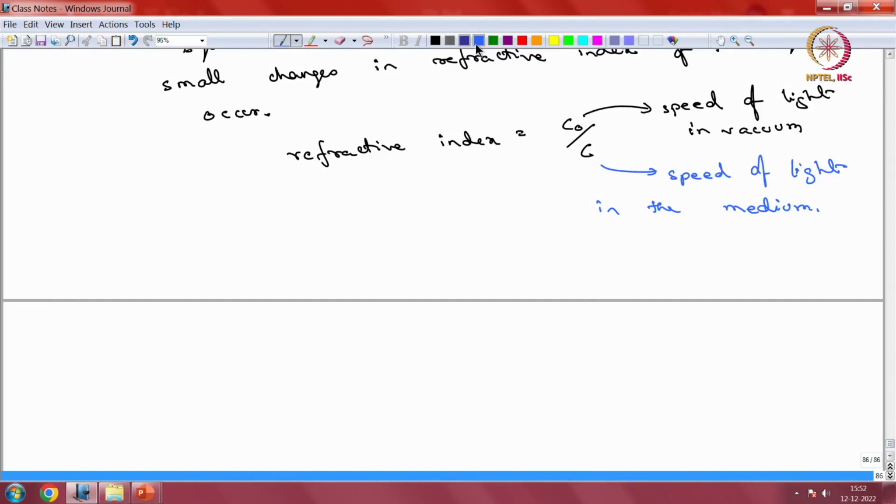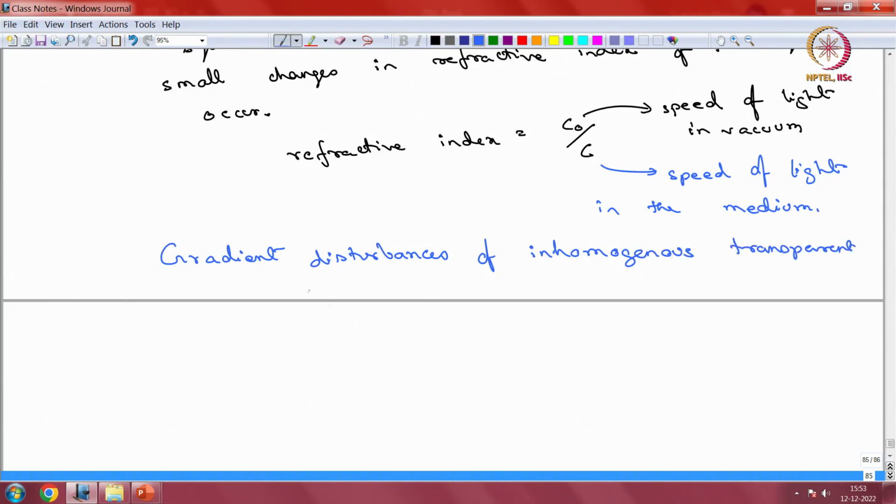So here I'd like to introduce a word called Schlieren, which I will say are the gradient disturbances of inhomogeneous transparent media are called Schlieren.